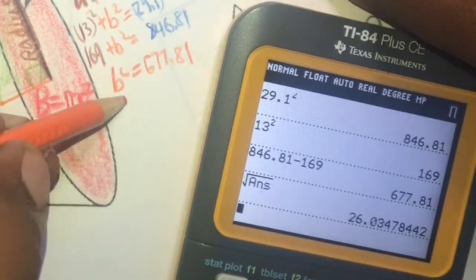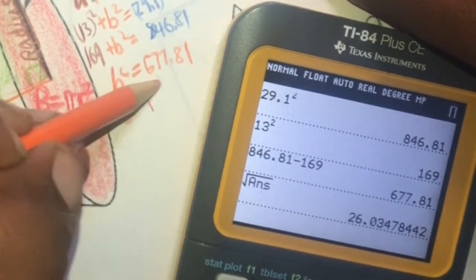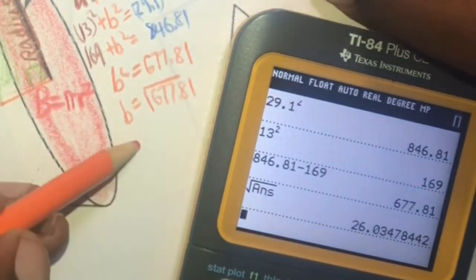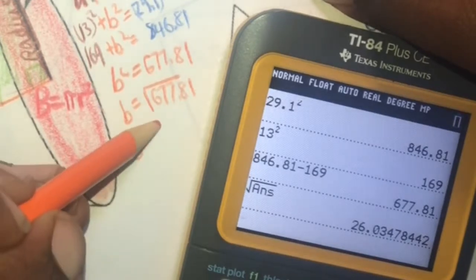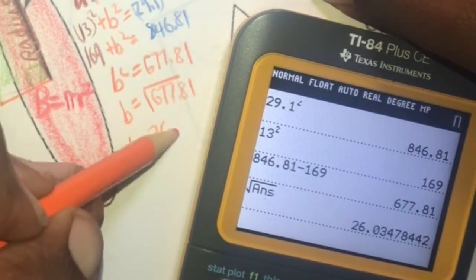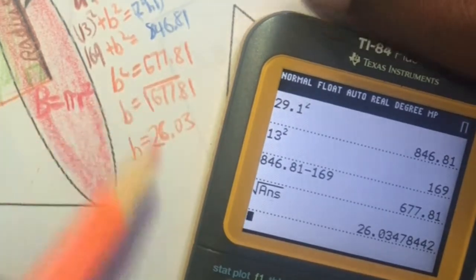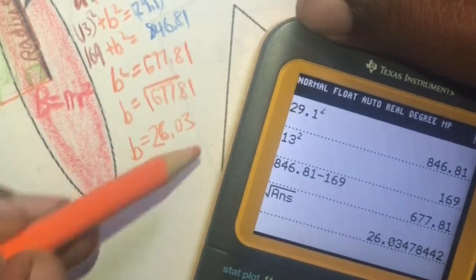So the square root of this is equal to 26.03. That is inches.